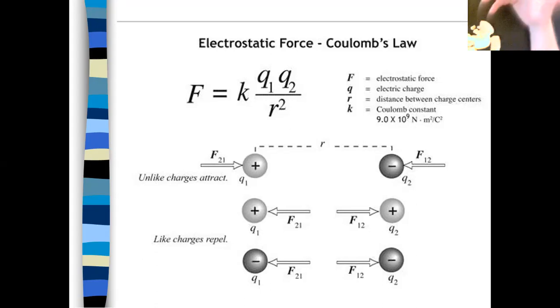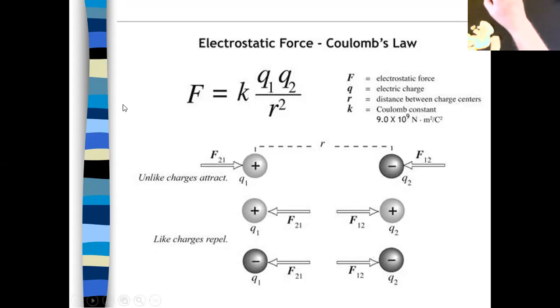It's the force of attraction if you're talking about oppositely charged particles, or it's the force of repulsion if you're talking about the same charges, right? In the world of physics, opposites attract and likes repel. So if you're talking about charged particles, there is a force of attraction or repulsion. We'll just call that an electrostatic force.